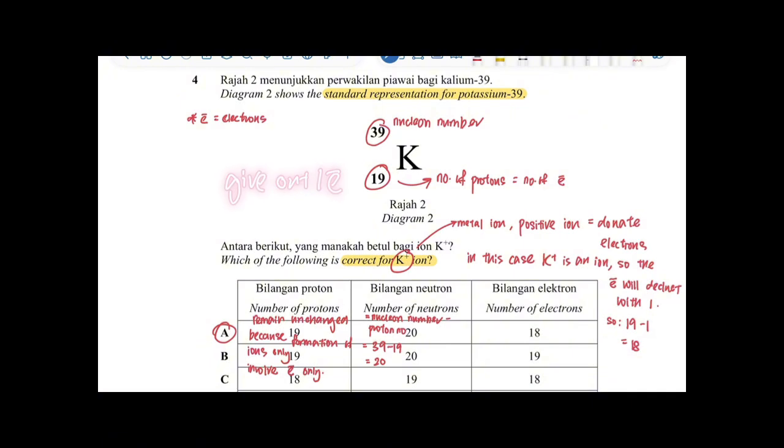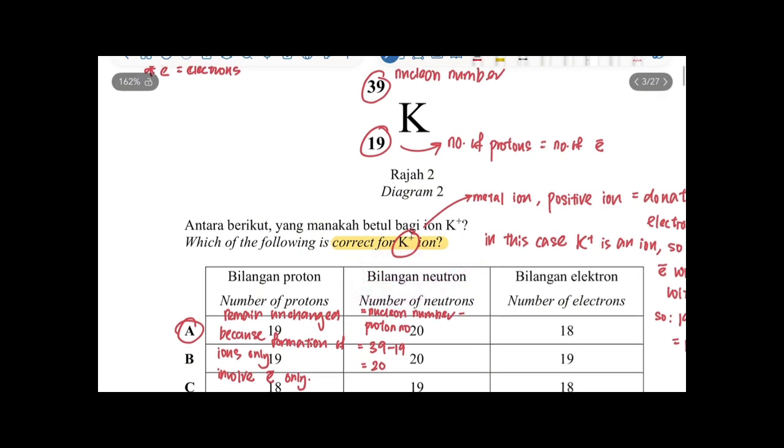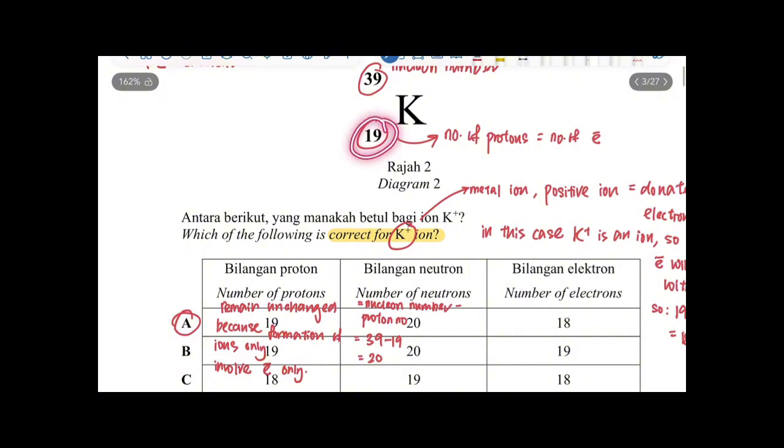So when we want to find the number of electrons, it would be 19 minus 1, because it donates one electron to form the potassium ion. The number of neutrons we can get easily from the nucleon number minus the proton number. The nucleon number is 39, we minus 19, which is the proton number, and we get 20.